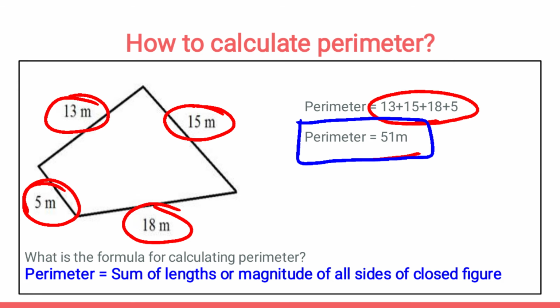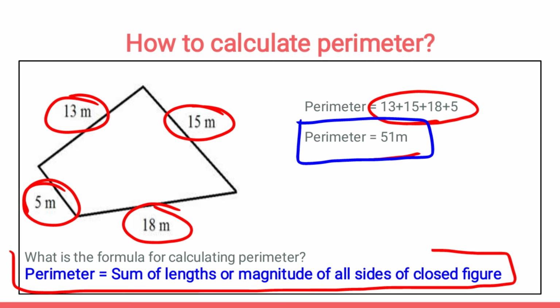So this way we can conclude a general formula for perimeter, which is: perimeter is equal to the sum of the lengths or magnitudes of all sides of a closed figure. Whatever be the shape of the figure, the formula for calculating the perimeter will remain the same.